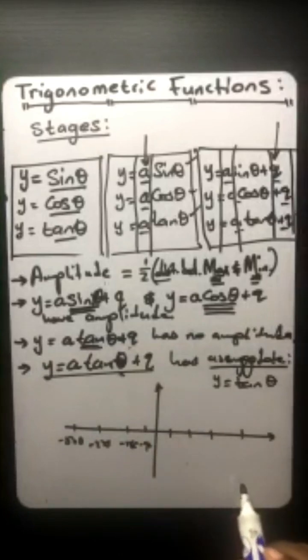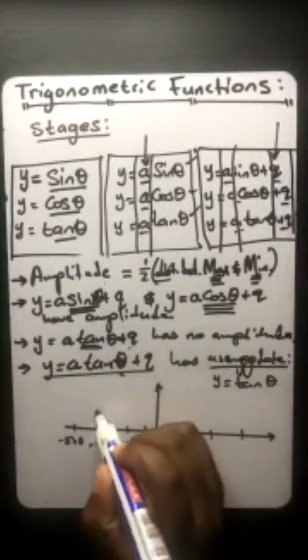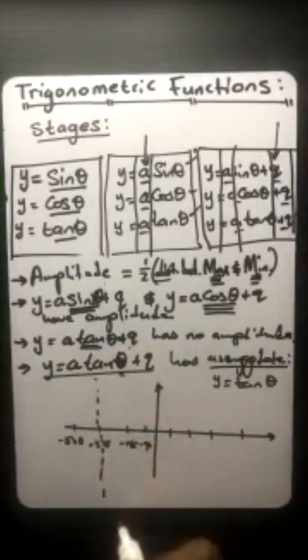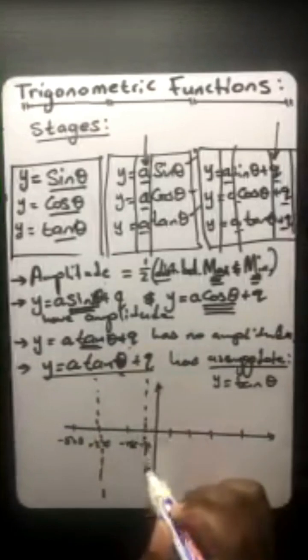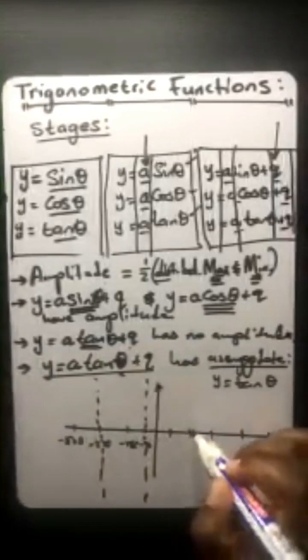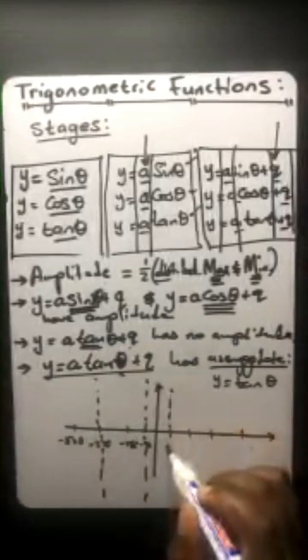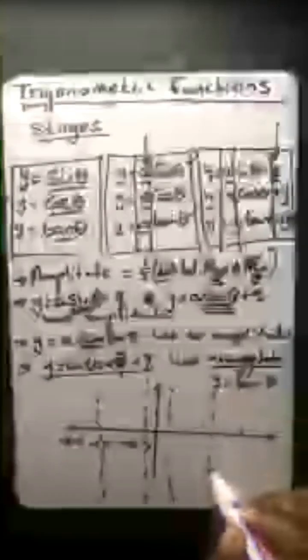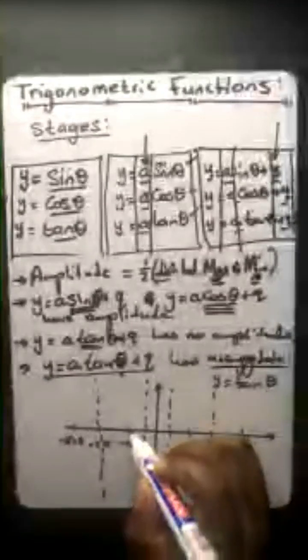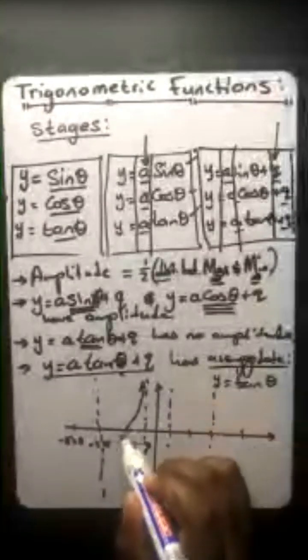You will realize that on 270 you have those broken lines, and on 90 broken lines. Obviously this side also has 90 broken lines and 270 broken lines, and you will just have your function doing something similar to that.